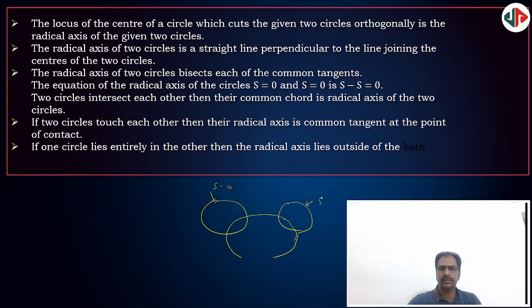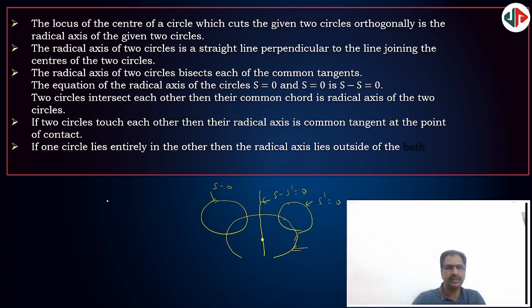Such a circle's center lies on the radical axis. So the locus of the center of a circle which cuts two given circles orthogonally is nothing but the radical axis.